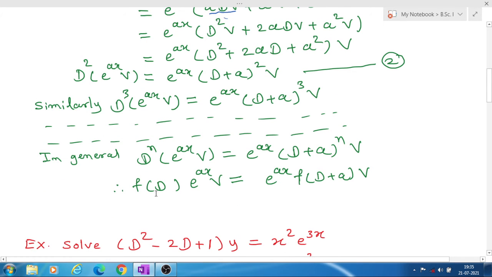And now if we operate f(D) on e raised to ax v, then the terms will operate on e raised to ax v. What is f(D)?